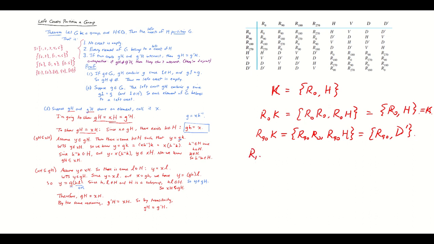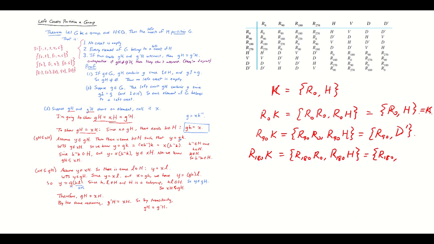Okay, what about R180K? I think that'll give me a different one still. So that's going to give me R180. Sorry, my pen's skipping a lot. When the video gets long, I get punished by having my pen strokes not quite match what I'm doing. So I think that left coset's going to be R180.